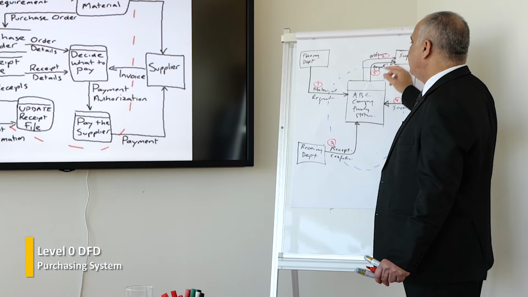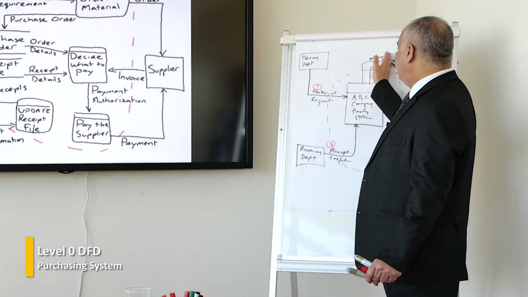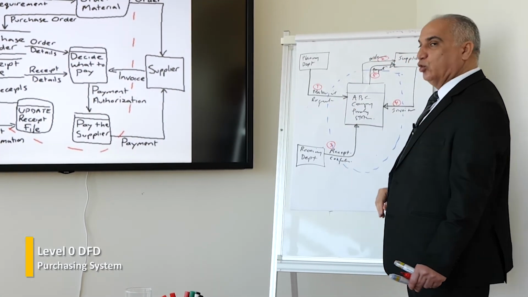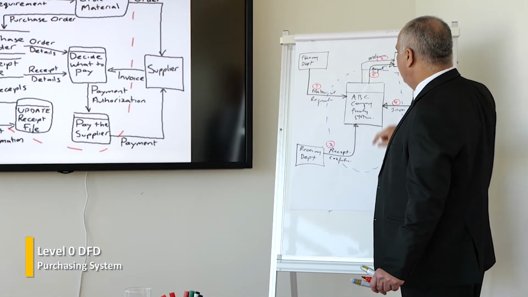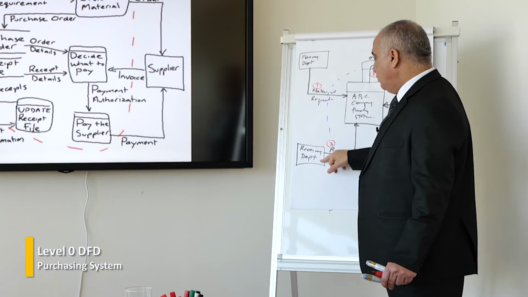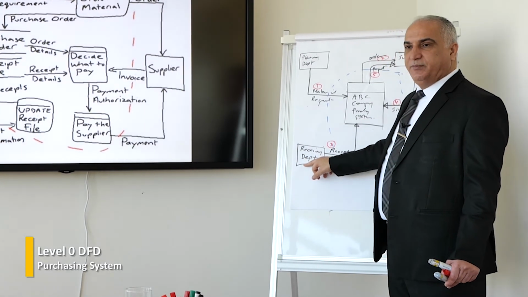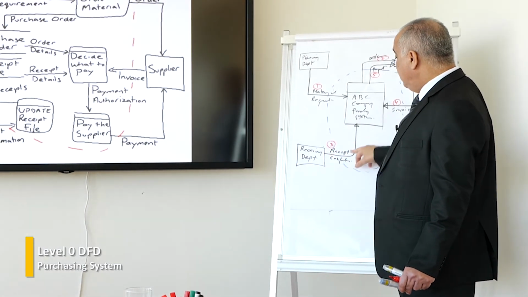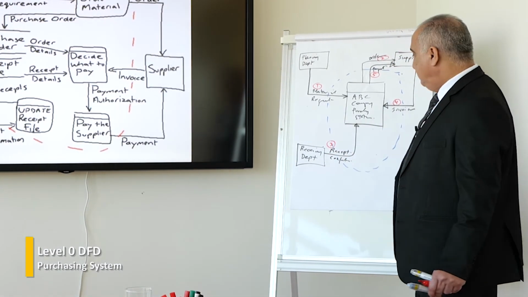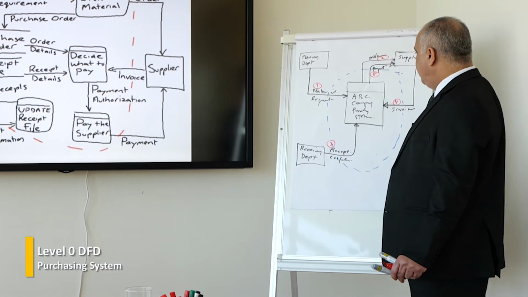The material is sent to the supplier by the system as an order. So the supplier is external, receiving an order. The supplier will come to the department called the receiving department, in this case delivering the requested material.